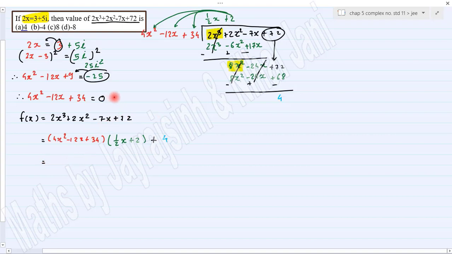But we know that from equation number 1, 4x square minus 12x plus 34 is 0. So 0 into any polynomial will give us 0. So the only remaining term is 4, which is given in option A. Ta-da!